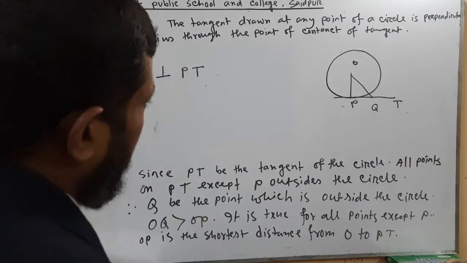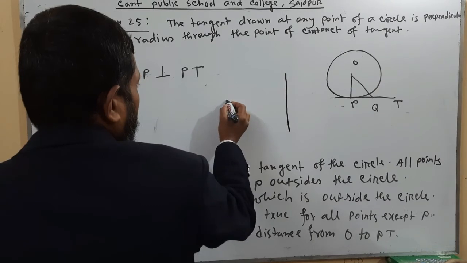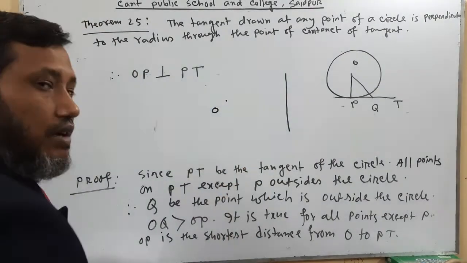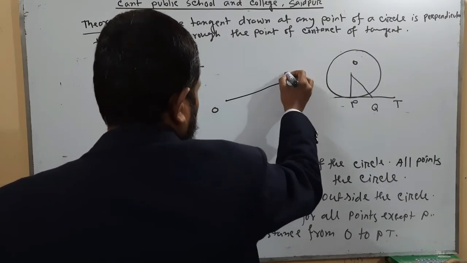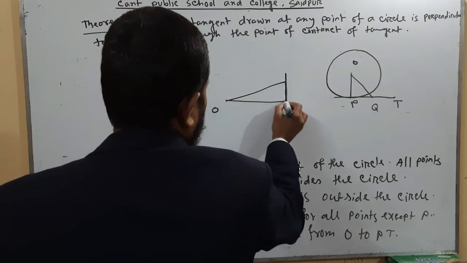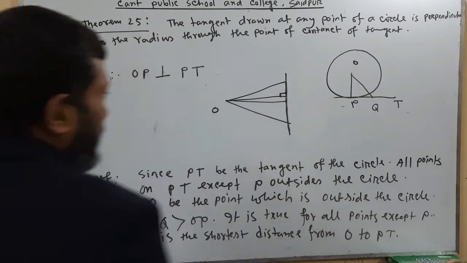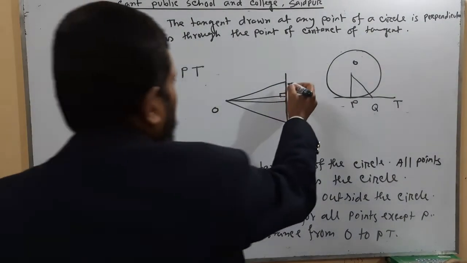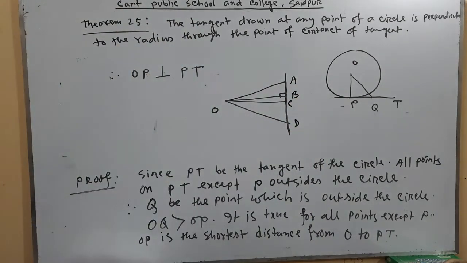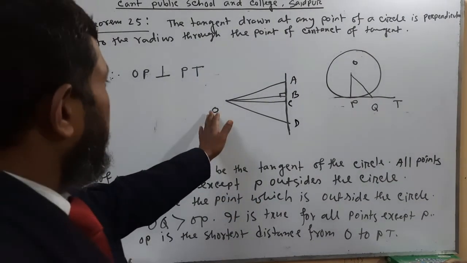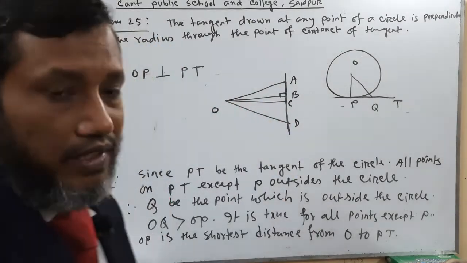We can explain, suppose here is a straight line and O is a point. I am drawing some distances from this point to the straight line. Dear learners, we see here OA, OB, OC, OD.